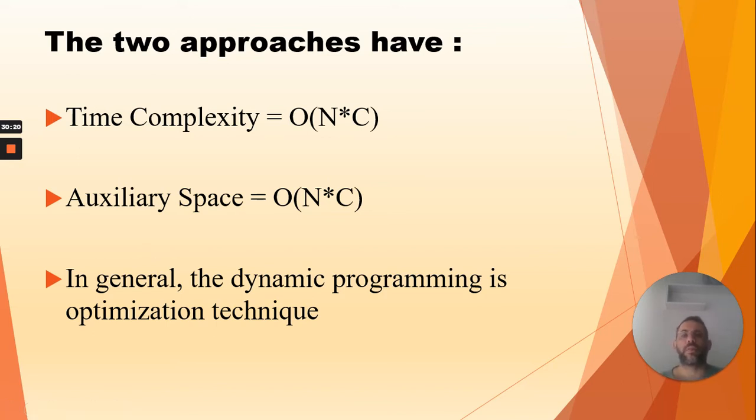Okay, the two approaches have time complexity of big O of n multiplied by C, where n represents the number of items, and C represents the capacity of the knapsack.